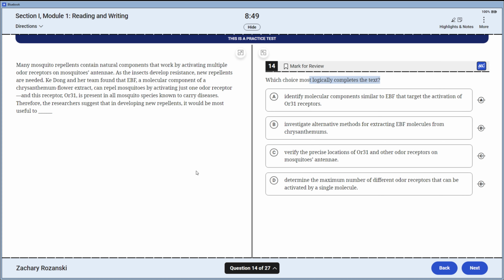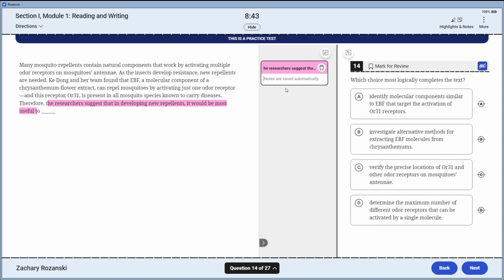We're on our final two, logically completes the text. Let's look to this final sentence. Do a little summary. The researchers suggest that new repellents should... I'm going to go back a sentence because I've got that comma there, and start developing my idea here. I read this sentence and it starts way up here.